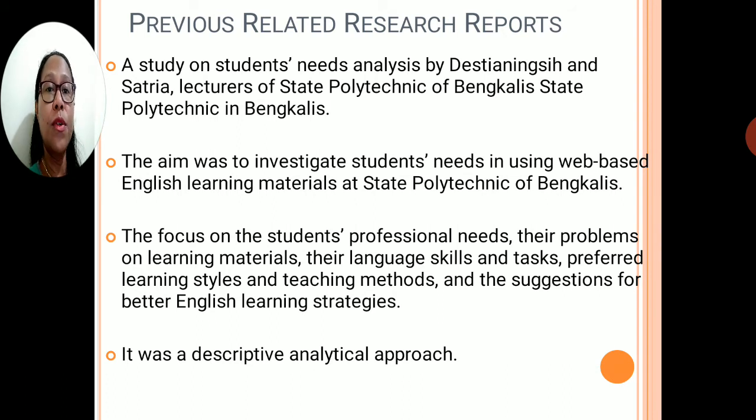Their focus was on the students' professional needs, their problems on learning materials, their language skills and tasks, preferred learning style and teaching methods, and the suggestions for better English learning strategies. And it was a descriptive analytical approach.